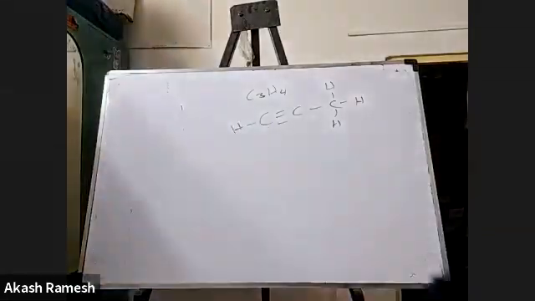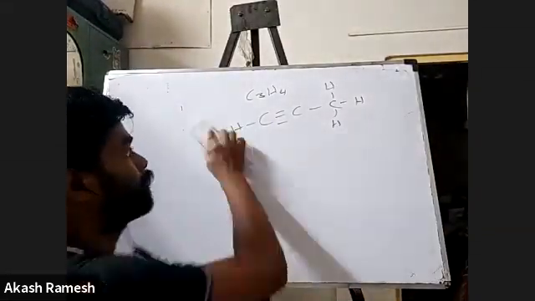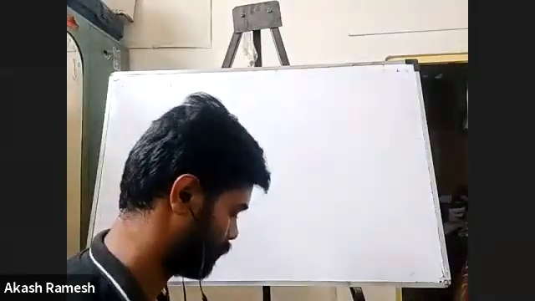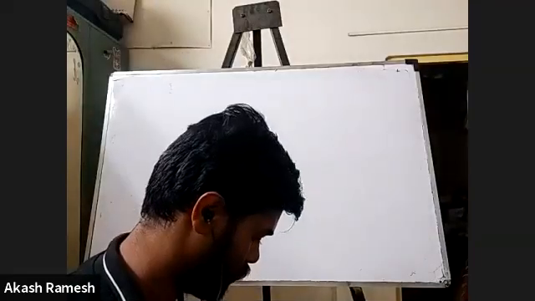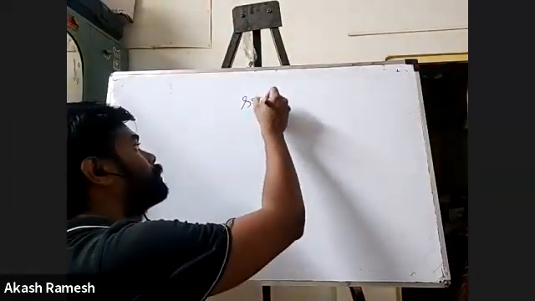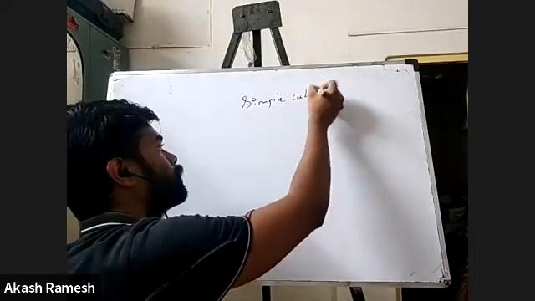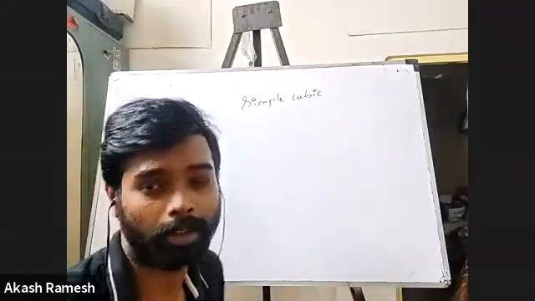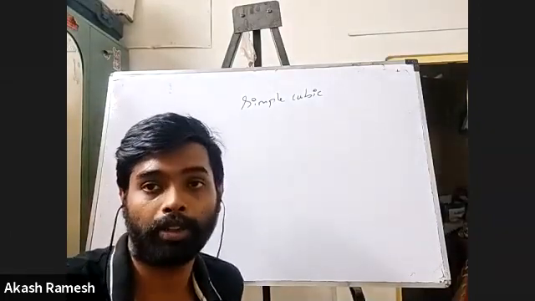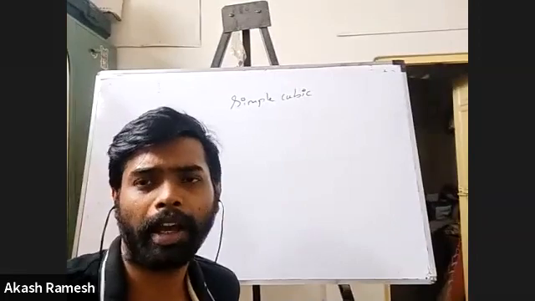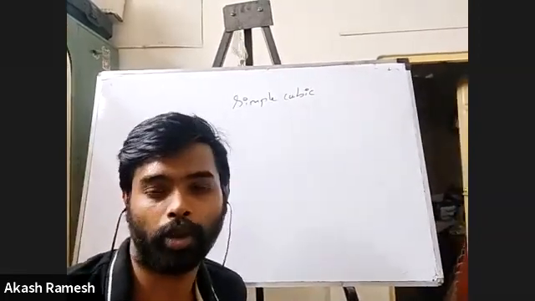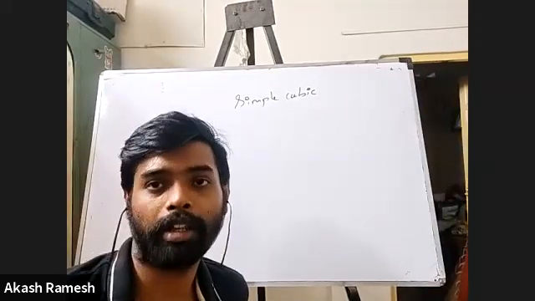Basically we have simple cubic, body centered cubic and face centered cubic. These three are the ones in your syllabus. Other than this, we have edge centered, vertex centered, and so on, but those are not in your syllabus.